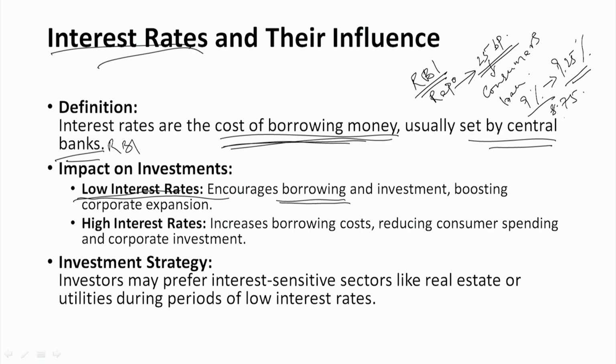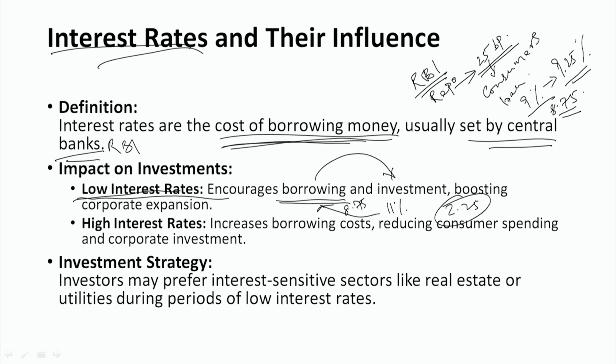You can borrow money from the market or from the bank at 8.75% rate of interest, and I can put this money in the stock market, which is likely to give me 11% in the long run. And from this 11%, if I am going to give back 8.75, I have a saving of around 2.25. So this is the earning which I would be having if the rate of interest comes down.